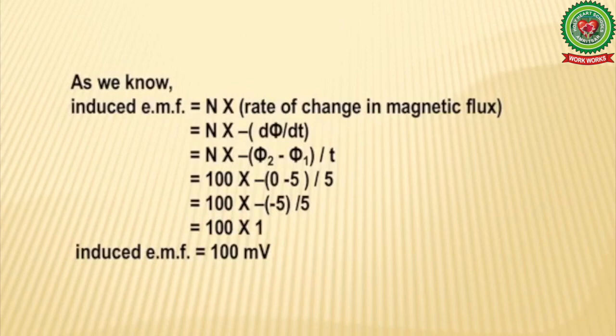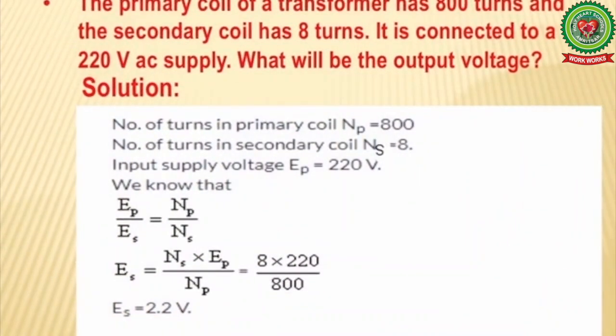Let's move to our next numerical. The statement is, the primary coil of a transformer has 800 turns and the secondary coil has 8 turns. It is connected to a 220 volt AC supply. What will be the output voltage? Solution. Number of turns in primary coil Np is equal to 800. Number of turns in secondary coil Ns is equal to 8.